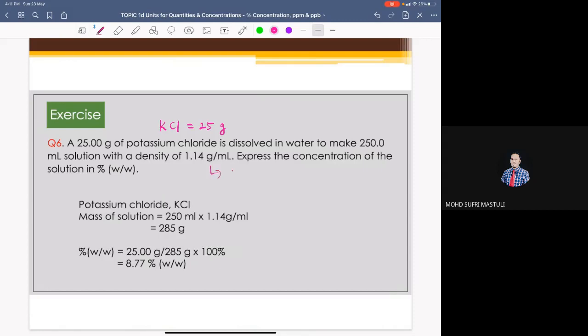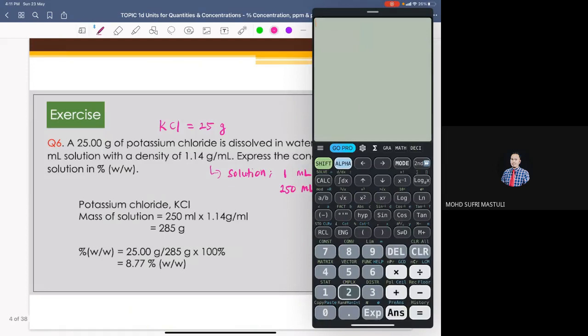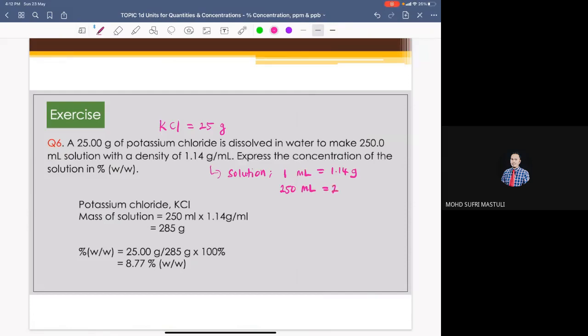The solution has 1 ml equivalent to 1.14 gram from the density. So if we have 250 ml of solution, the mass should be 250 times 1.14 divided by 1. So the mass is 285 gram.